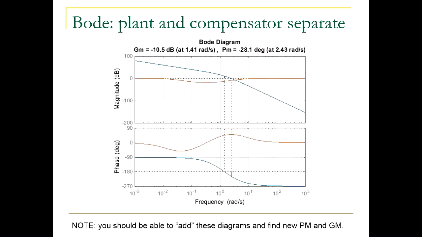So what's the difference between only the lead compensator and the lag-lead compensator? Good question. Remember that we had negative 28 degrees of phase margin, and we were asked to provide more than 50 degrees of phase margin. Doing it with a single lead, you can't do that. You could have done it with two leads.